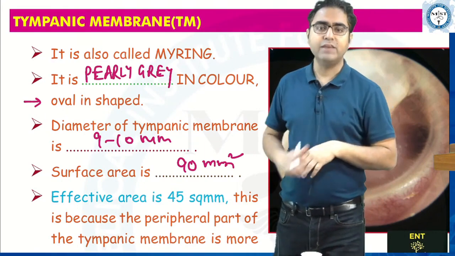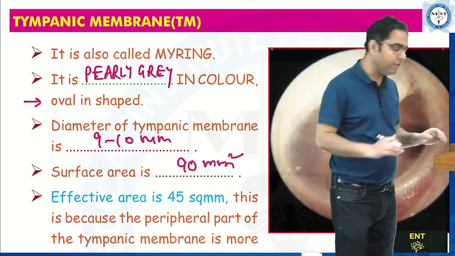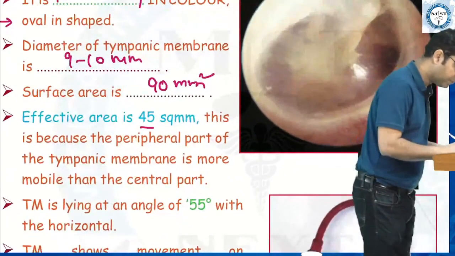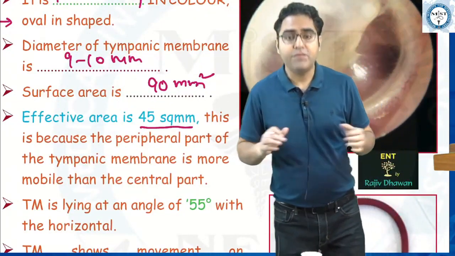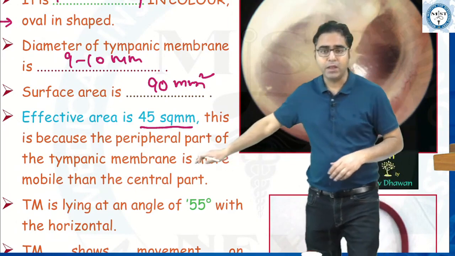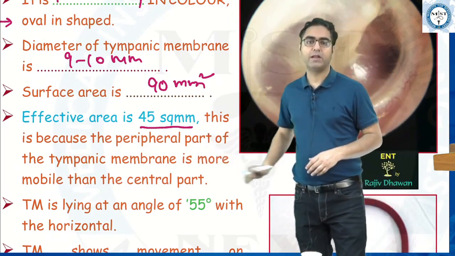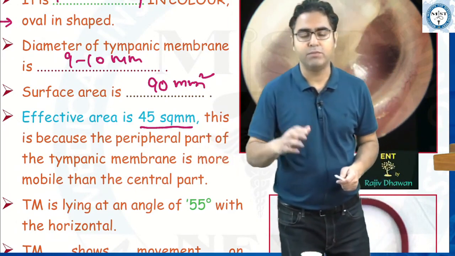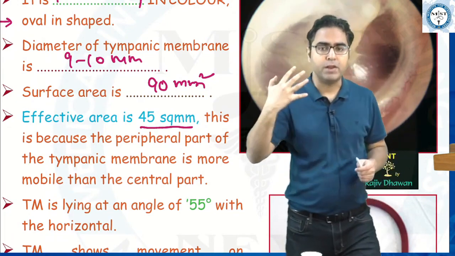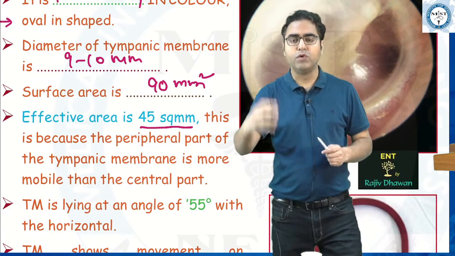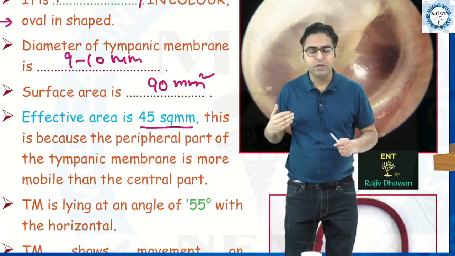The area is 90 square millimeter, but the effective area is 45. Why is the effective area lesser? Because the peripheral part of the tympanic membrane is more mobile than the central part. Sound energy creates movement of the tympanic membrane, and that movement moves the malleus, incus, then stapes.